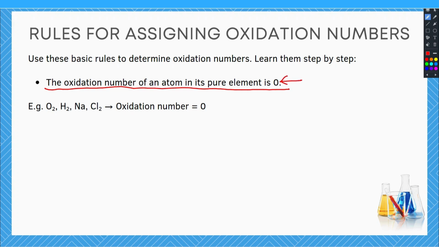For example, oxygen, hydrogen, sodium, and chlorine all have oxidation numbers equal to 0. Any element they give you, whether oxygen, magnesium, or calcium, as far as it is in its pure state, it is equal to 0. That is rule number 1.